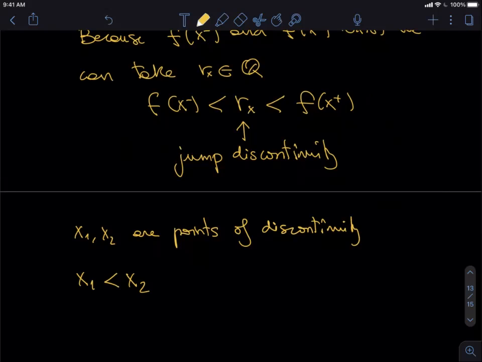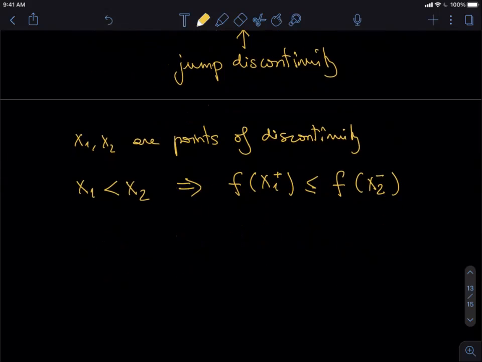Let's say there are two different points, and x1 is less than x2. Then we proved in the previous video that the lateral limit f of x1 plus, the limit from the right, is less or equal than f of x2 minus.